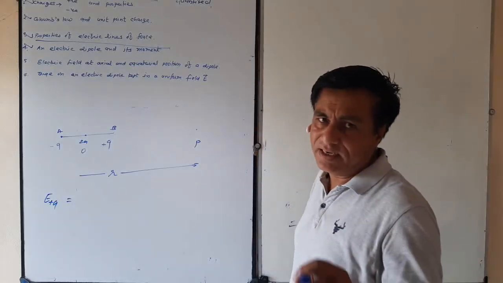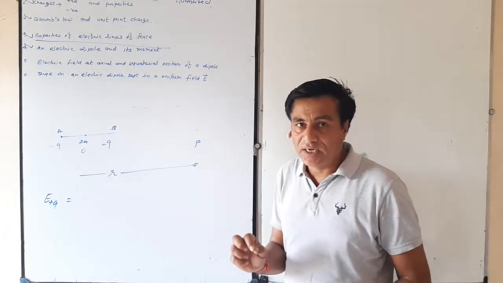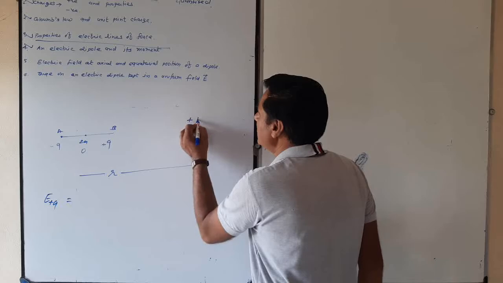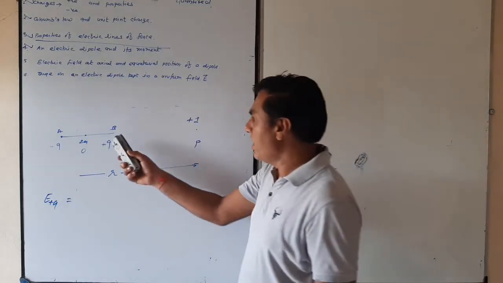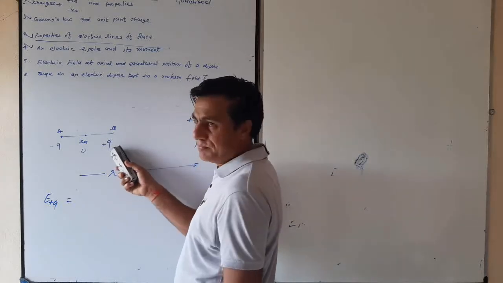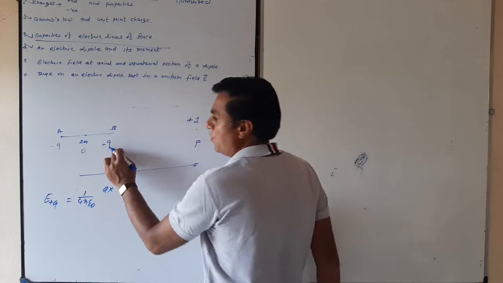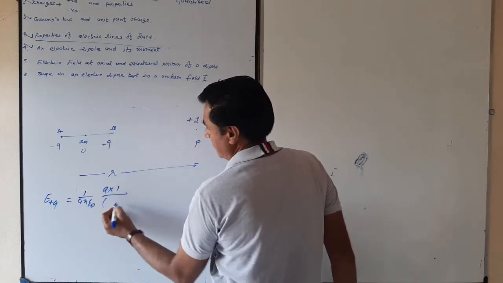What is the definition of electric field intensity? The force experienced by a unit positive charge kept at the point. So at point P, consider a unit positive charge plus 1. Now by Coulomb's law, what is the magnitude? 1 upon 4 pi epsilon 0, Q1 Q2, where Q1 is plus Q and Q2 is 1, upon BP square.